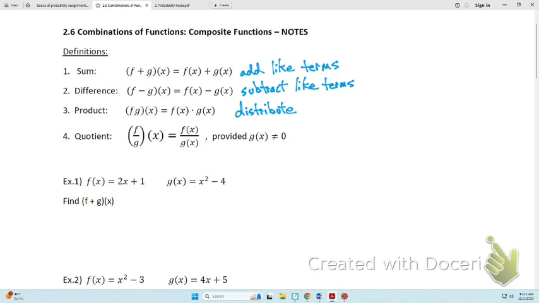The other thing I gotta say is, how do you read this thing? So this right here is read f plus g in terms of x. Someone asked during class about what that x means, and then it dawned on me some people are thinking you're multiplying by x, but we are not multiplying by x.